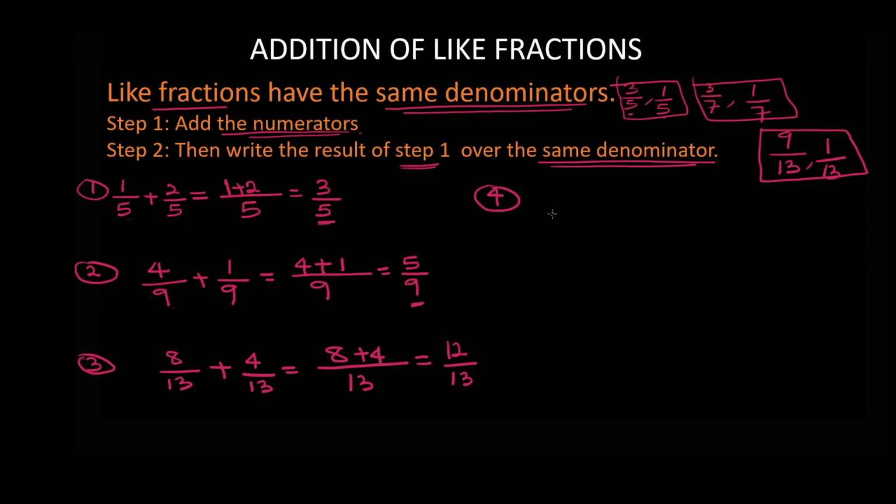Let's look at the fourth one. 2 over 7 plus 3 over 7. Go ahead and pause this video to check yourself if you understand this concept. Alright, go ahead and pause the video.